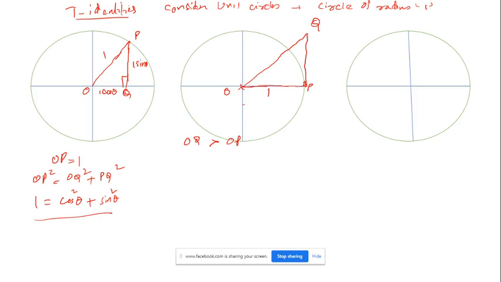A perpendicular is drawn at the point P on the x-axis, so here we have 90 degrees. So OQ becomes the hypotenuse, and we need to find the answer for QP.